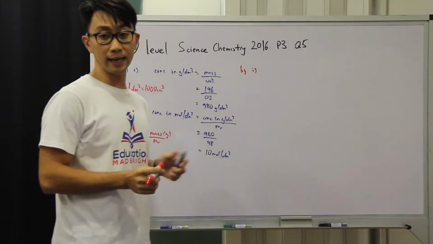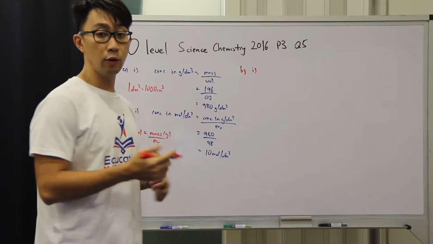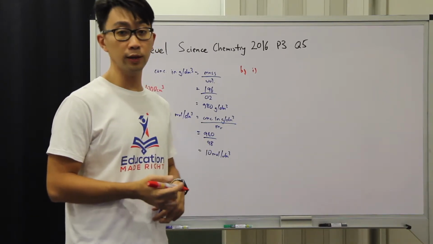Okay, so they are saying that the white precipitate could be barium carbonate. But remember that previously we have the acidified aqueous barium nitrate.